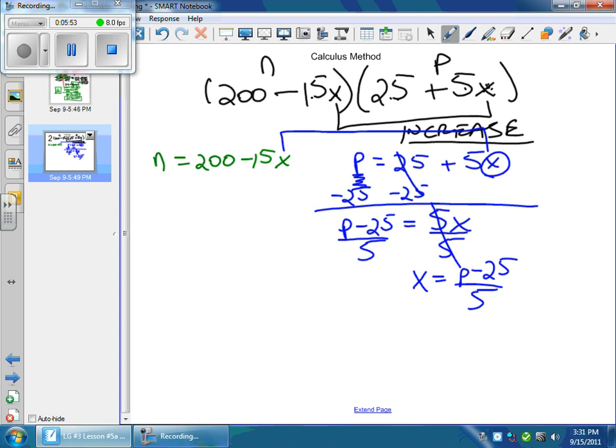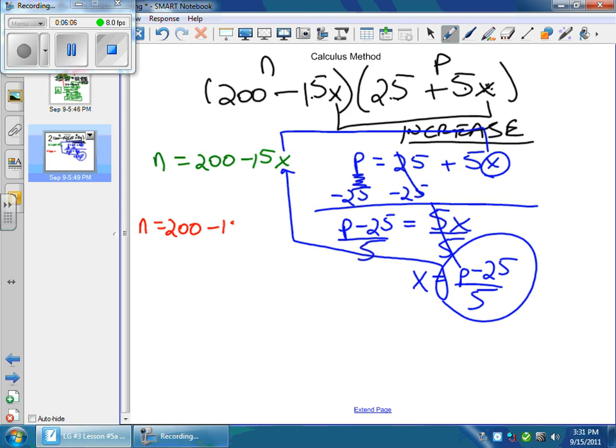Looks pretty ugly, but watch this. There's the x that is in common with the two equations. You plunk that sucker in there, and look what you get. You got n equals 200 minus 15 times p minus 25 over 5. Excellent. Look at this. Now you can actually cancel some stuff. This becomes 3. And look at this.